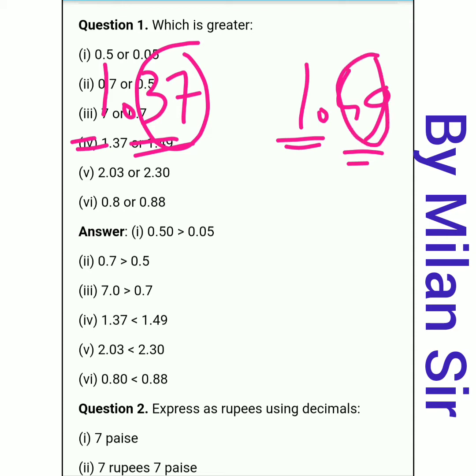So which is greater, 37 or 49? 49 is greater than 37, right? So 1.49 is greater than 1.37. First of all we need to check our integer part. If the integer part is the same, then we need to check our decimal part.